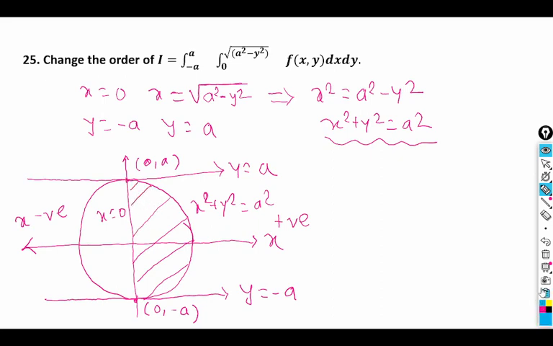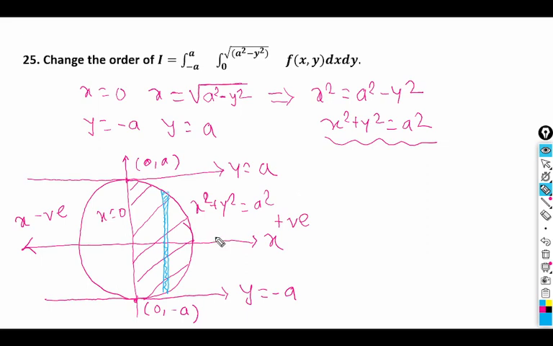In this region, in the original limits, x has the variable limit. Now we have to make y the variable limit, so we should take a vertical strip. We take this vertical strip. Now you have to check where the lower end touches and where the upper end touches. You will observe the lower end and upper end touch the same curve, the circle only. So how to write the limit?